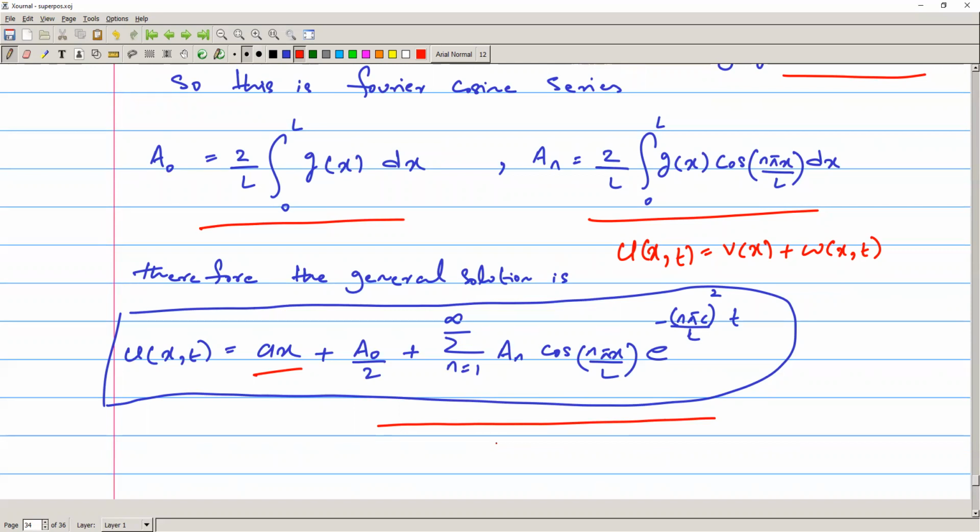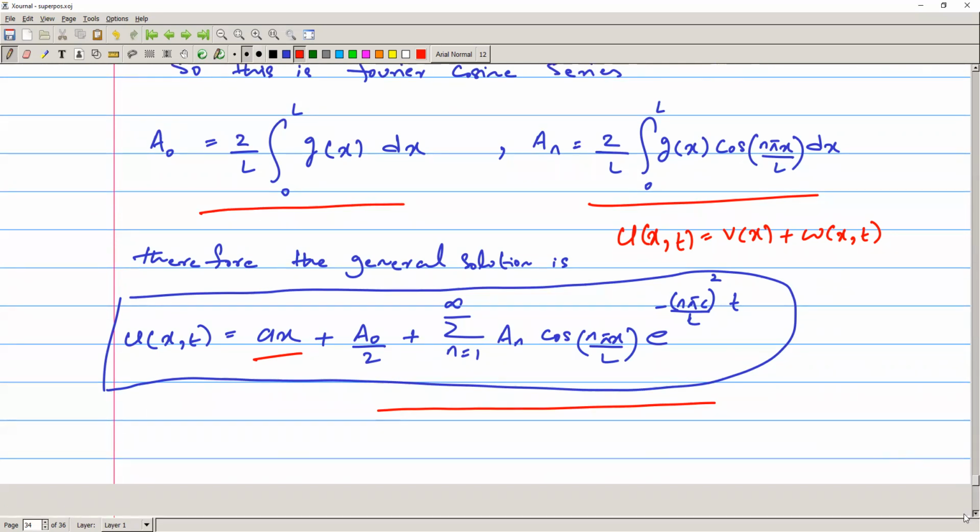So in this manner we can get the solution for non-homogeneous Neumann boundary conditions, but we should remember one thing: the non-homogeneity, that is we initially take Ux of 0 comma t equal to A and Ux of L comma t equal to B, but remember that A should be equal to B, right? Otherwise that will be an ill-posed problem and we cannot solve it, right?